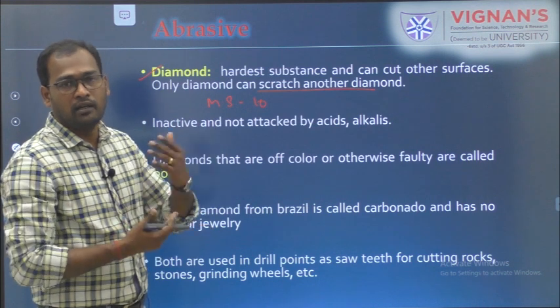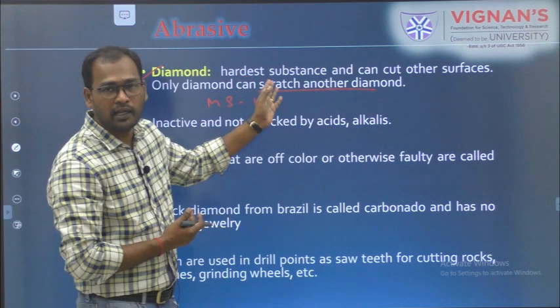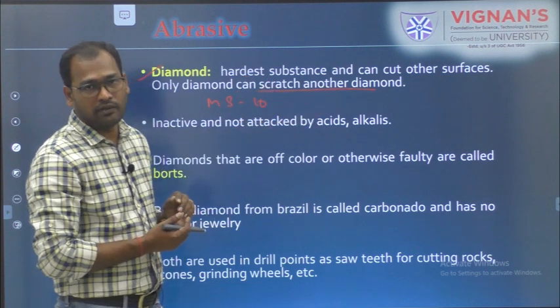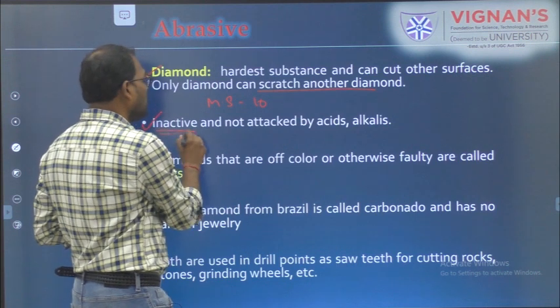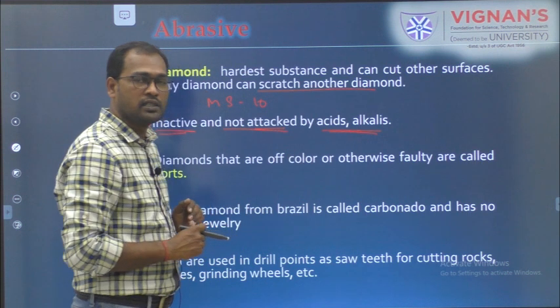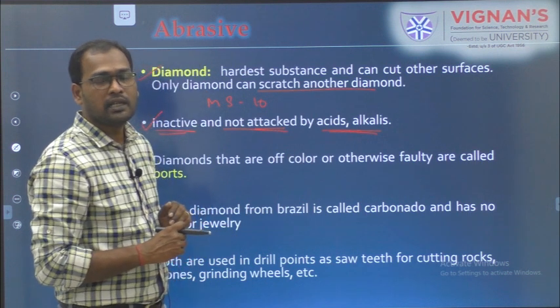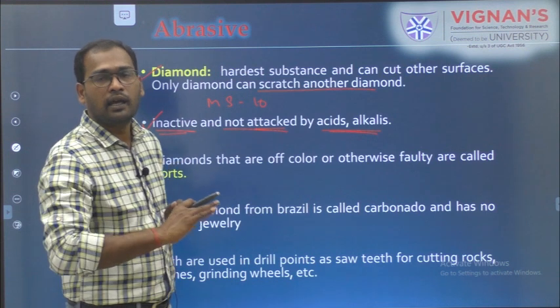So it can scratch other materials. Okay, so diamond is the hardest material and it can cut other surfaces, right? And they are inactive and not attacked by acids and alkali. So this is an advantage of using diamond abrasives, because they are not attacked by acid or alkali.